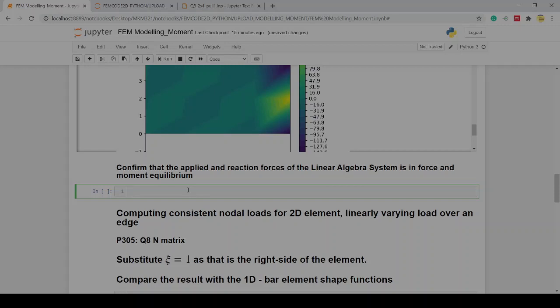So sigma xx is equal to M, which is 1 Newton meter, times y, which is going to be 2 millimeters, converting now to meters, divided by I, which is 1/12 times a thickness of 1 divided by 1000, times total height of 4 millimeters, divided by 1000, to the power 3.